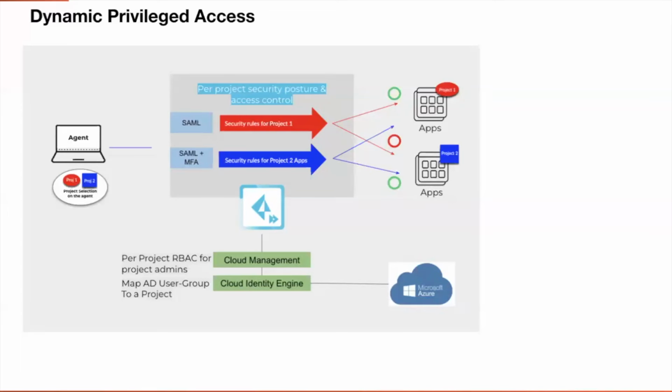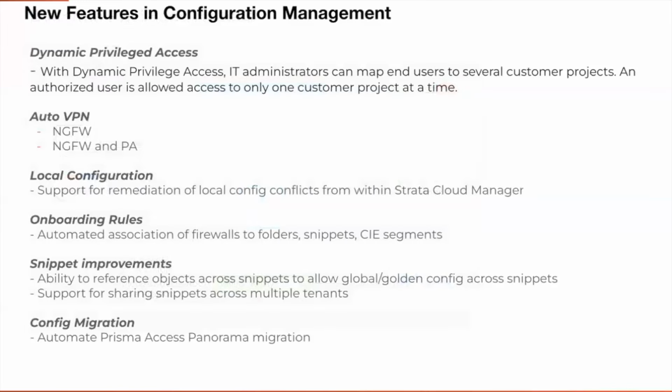There were features like cloud IP address management, which was introduced so that when the agent authenticates to a particular project, an IP address in that project is given, so that they are able to communicate with the respective customers' applications on the back end from the employees' endpoint or device. So that was an overview of dynamic privilege access.